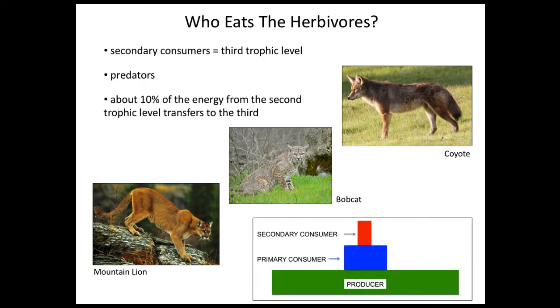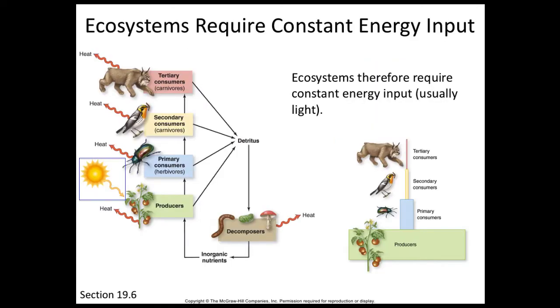Only about 10% of the energy is transferred from the second to the third level of our trophic structure. So therefore, there's very little energy to sustain large populations of these higher level predators. However, these predators are essential for maintaining balance in our system.